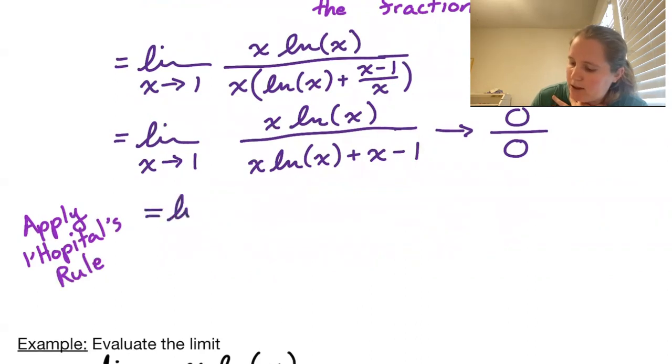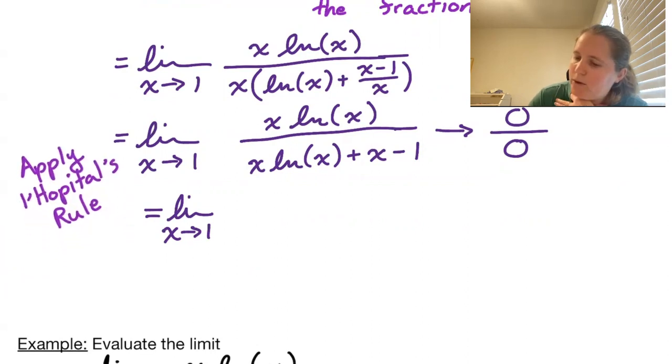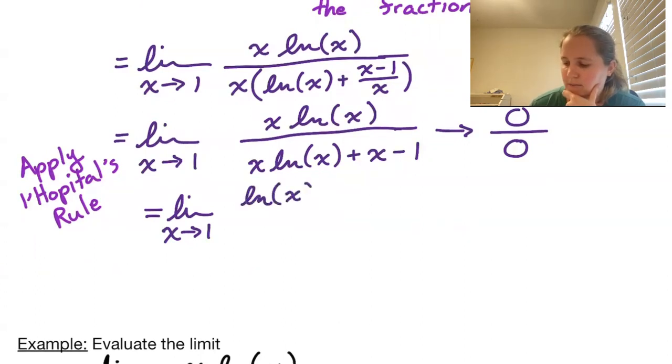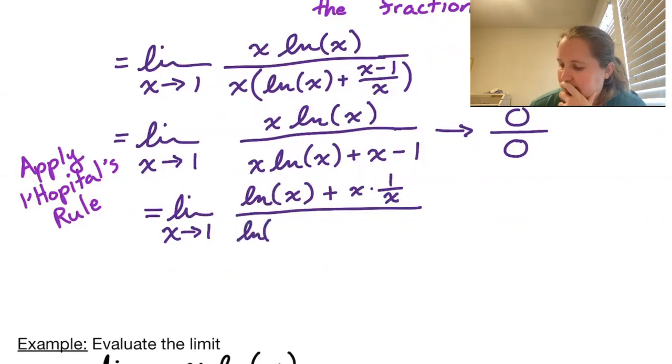So we have the limit as x approaches 1. Again, this became 1 times the natural log of x plus x times 1 over x. And then again, we have the natural log of x plus x times 1 over x, and then plus 1 down below, right?